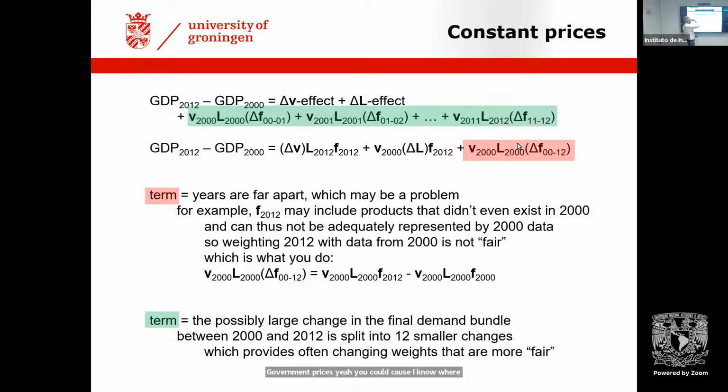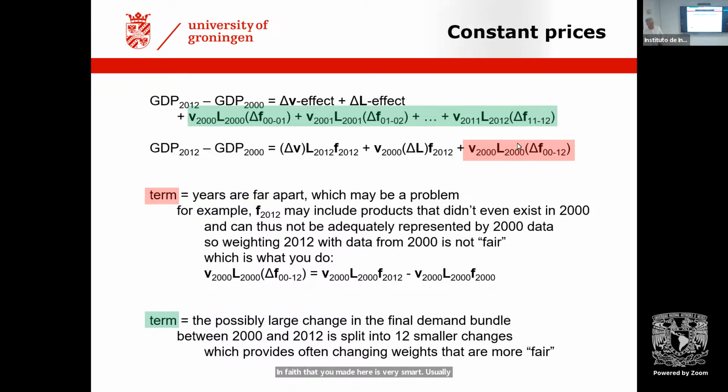I used tables in current prices, so not taking any constant prices into account. I can tell you that here I made a mistake, and here also a little mistake in the value added coefficient. The mistake that you make here is very small, it's usually negligible.